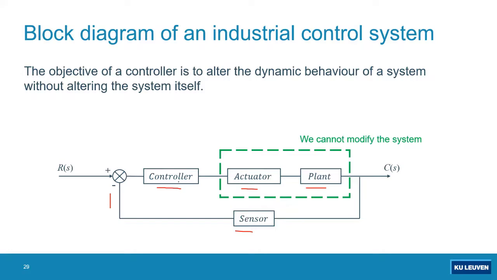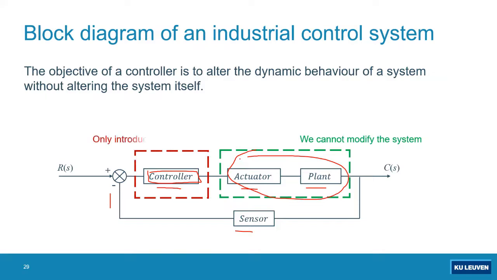So our objective here, we need to design a controller here to change the behavior of your system without touching the system itself. Okay, so what we are going to do, we will design a controller.